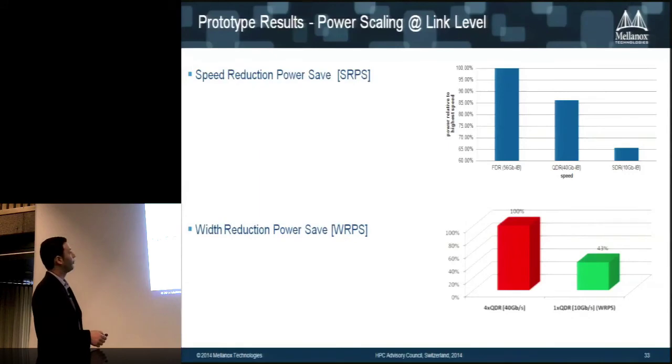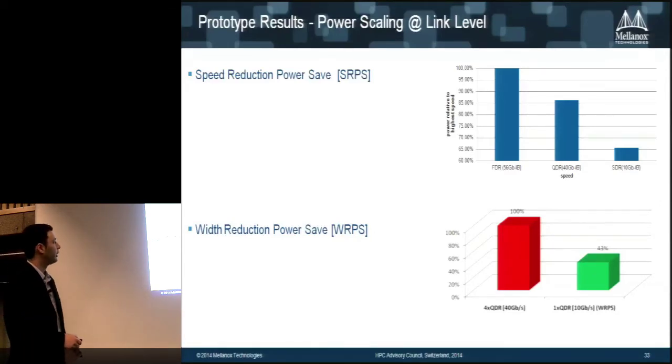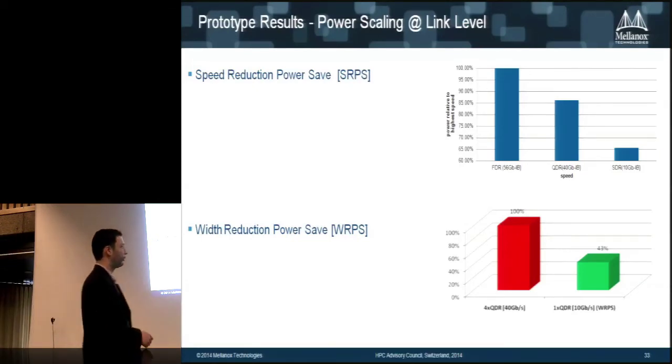So those are a few examples of speed reduction, going down from FDR to SDR. You can see that you could pretty much go from 100% power demand to about 65% if you go down in speed, and actually even more. There is substantial saving in width reduction. If you go down from 4x QDR to 1x QDR, you can save about 57% of the power consumption.